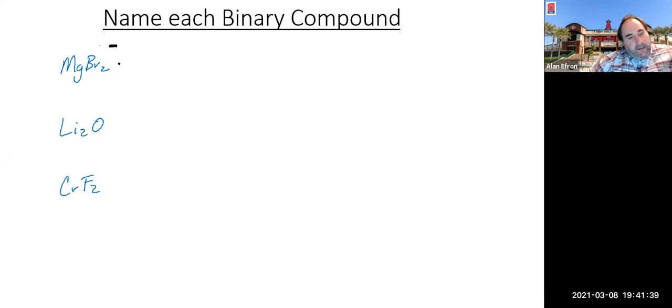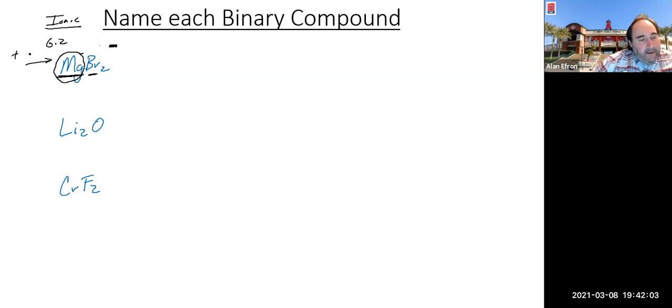Okay, so let's take a look. So same approach. I see Mg, which is magnesium. That's a metal. I see Br, which is a non-metal. So again, automatically tells me ionic we're dealing with here. Again, always in this situation, we want to look at the metal. So here we see magnesium's actually group number 2, which means that this is type 1.